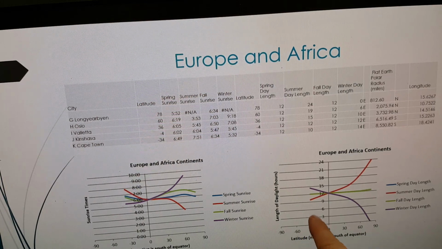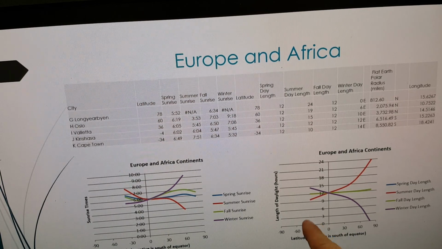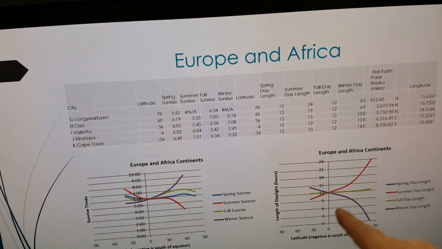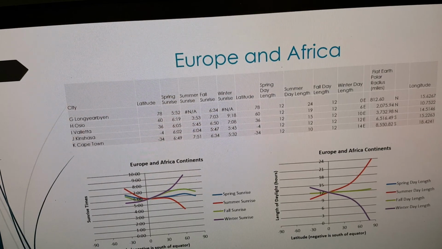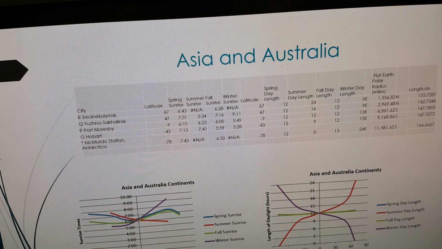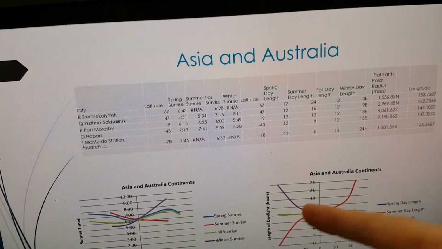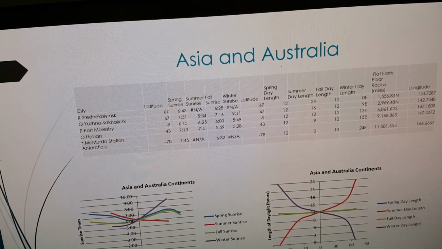For day length in the summer solstice, it's exactly the opposite. Shorter day lengths in the southern hemisphere, all the way up to 24-hour days near the North Pole. For Asia and Australia, we have exactly the same thing.